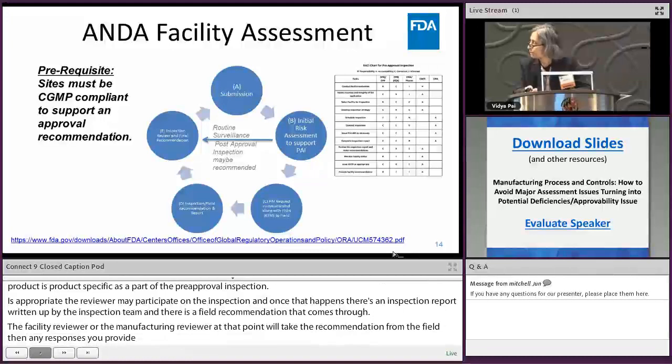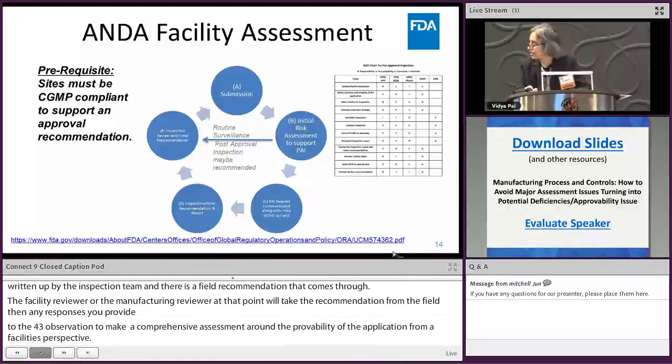In addition to this, as I stated earlier, there is the possibility of recommending a post-approval inspection based on the risk as part of the review.